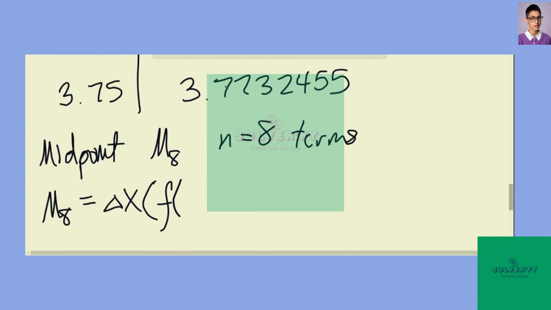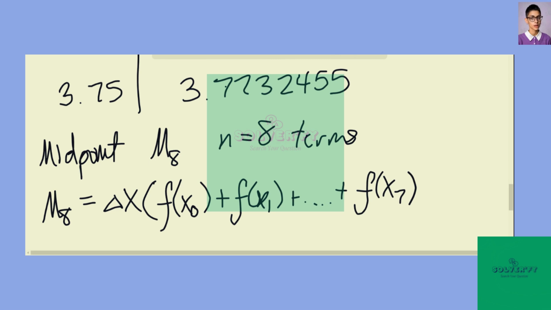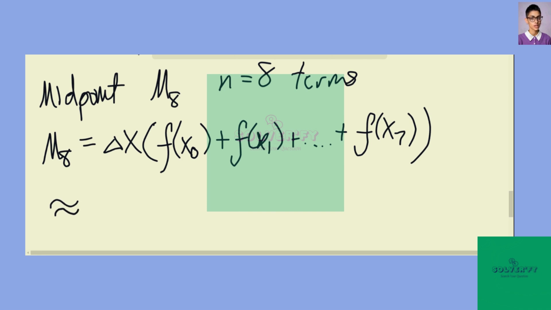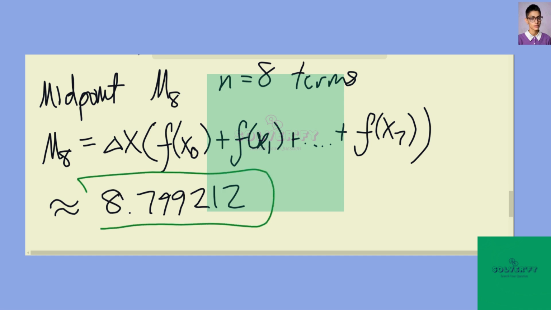So from the table above, we have f of x0 plus f of x1 plus all the way up to f of x7. So we have a total of 8 terms in our sum. If you plug this into your calculator, this is approximately 8.799212 to 6 decimal places.